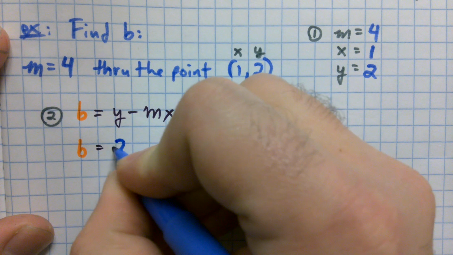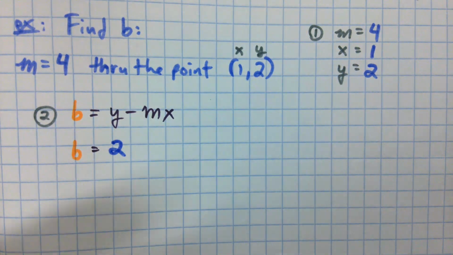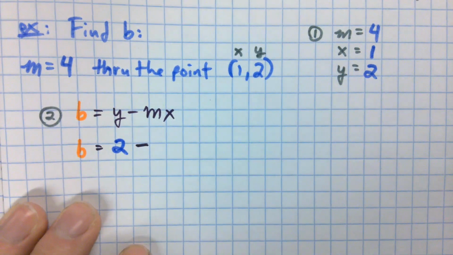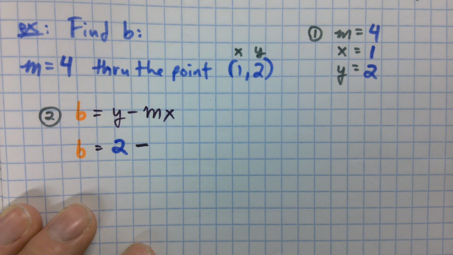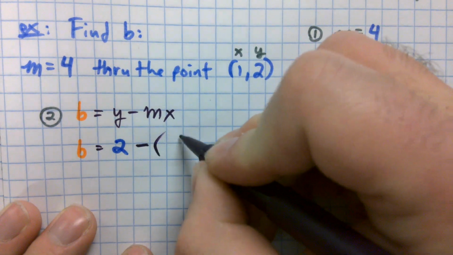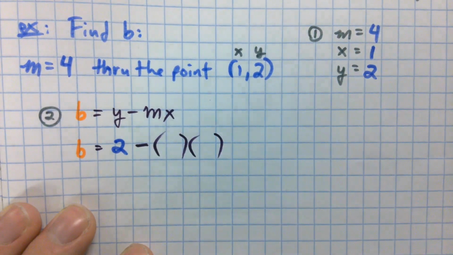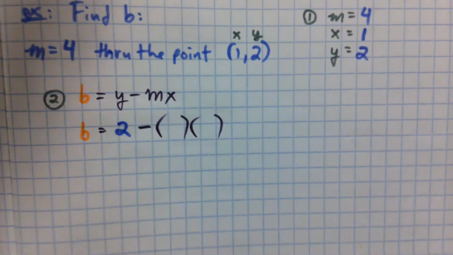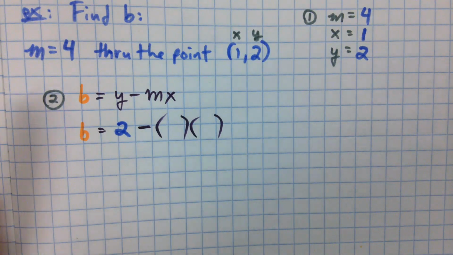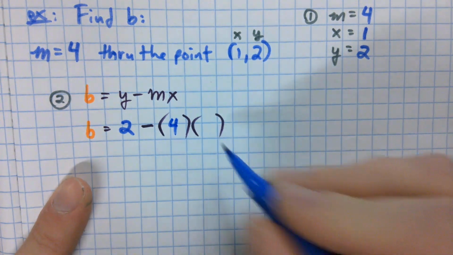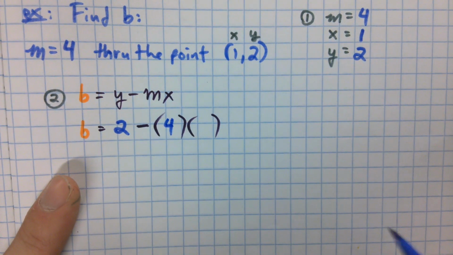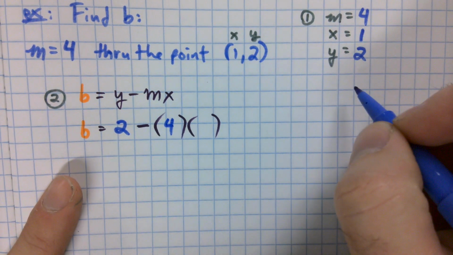So we will replace y with a 2. We're going to keep that minus sign there. Now we're going to multiply m times x. What was my m that we're going to plug in? Devin? 4. And what's my x that we're going to plug in? 1. We're just getting this from step 1.